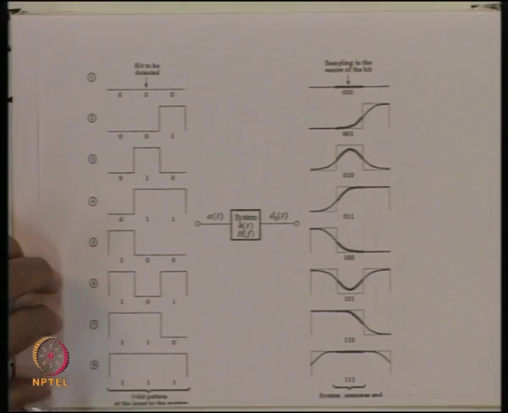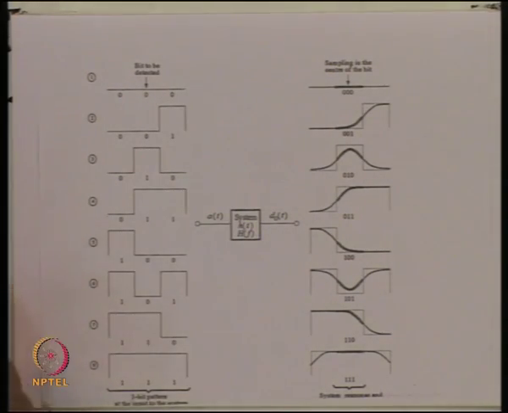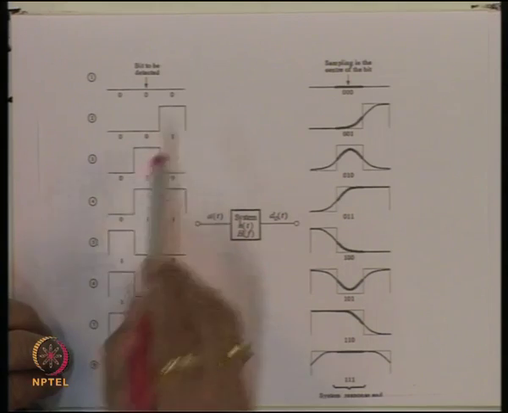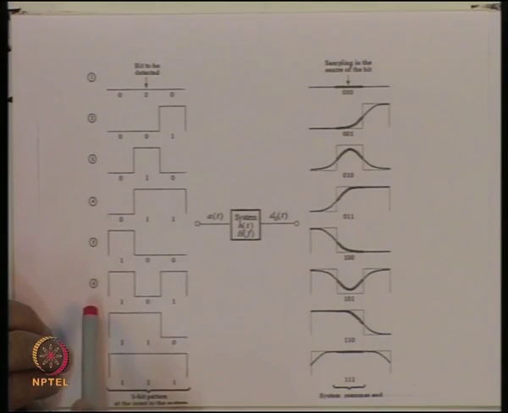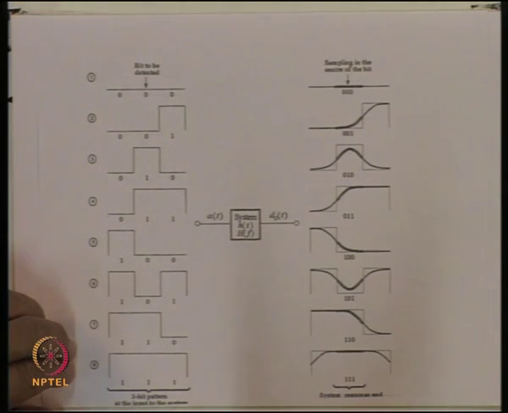So, we have various possibilities: either we can have 0 0 0 bits, or we can have 0 0 1, or we can have 0 1 0, or we can have 0 1 1 pattern, and so on. So, these are the 8 possibilities if you consider a pattern of 3 bits.